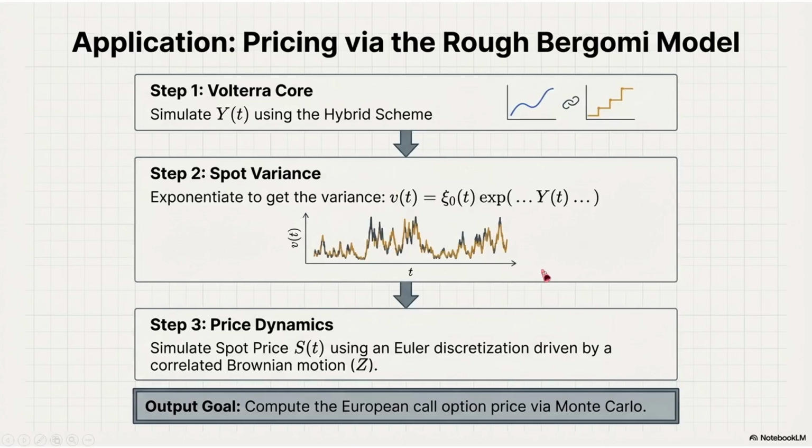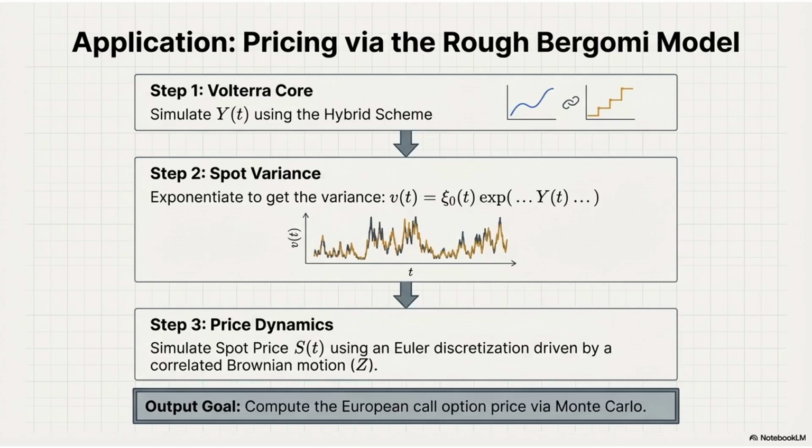So if we put this into action, the first step is to simulate the rough Volterra core process using the fast hybrid scheme we just built.